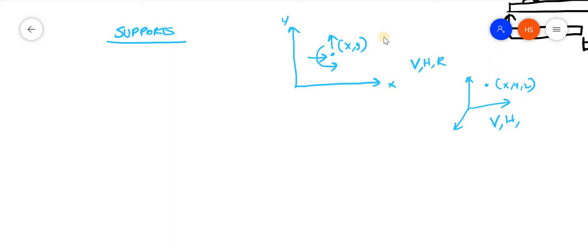Then it can have rotation in different planes also, in the x, z plane and x, y plane. So in a 3-dimensional body, it can have 6 possible movements. Here it can have 3 possible movements. So our discussion is mainly on the 2-dimensional point.